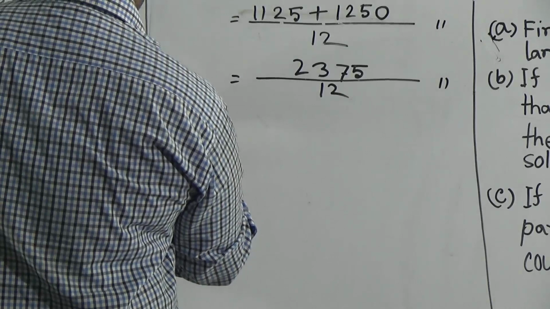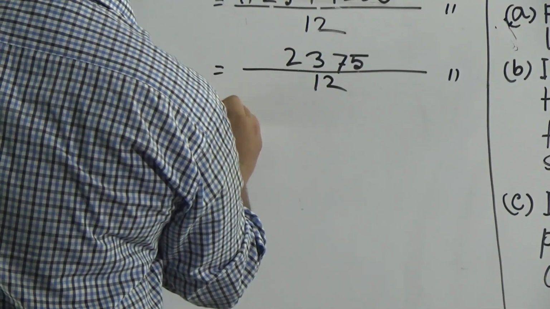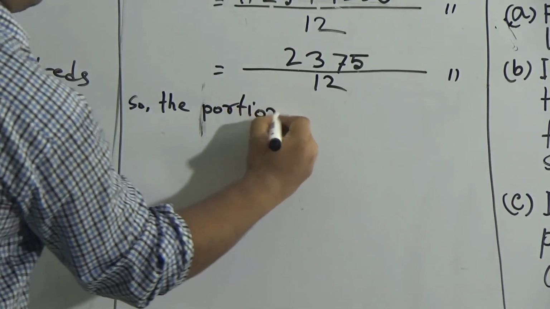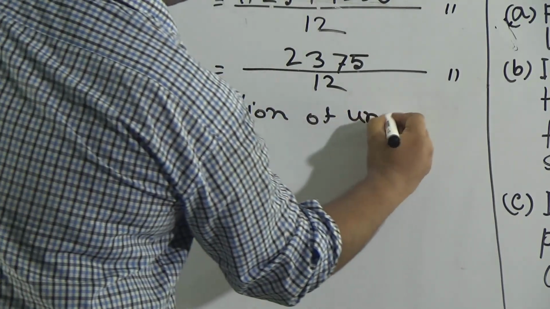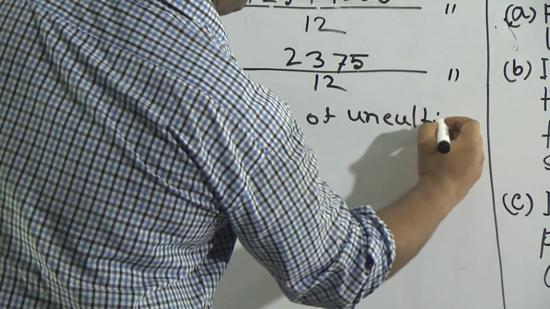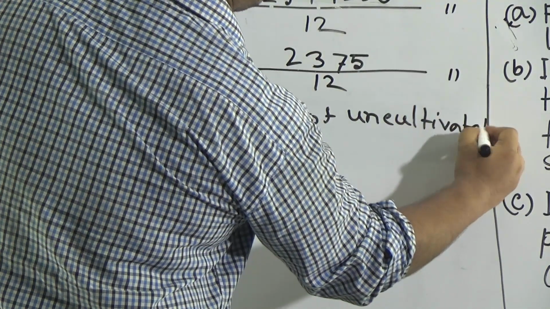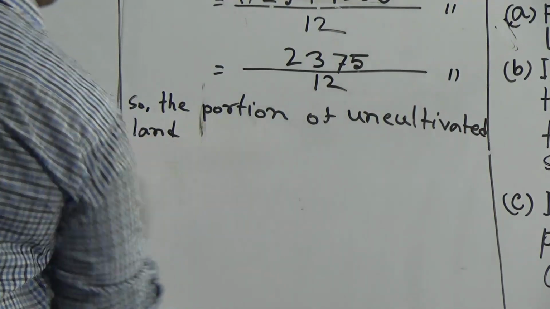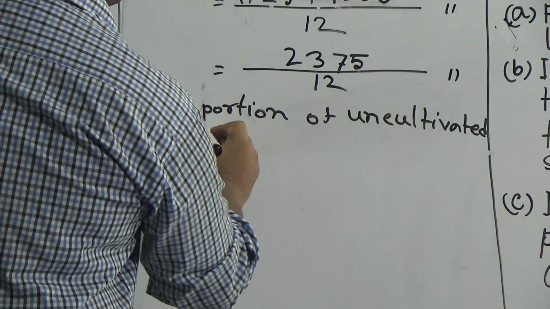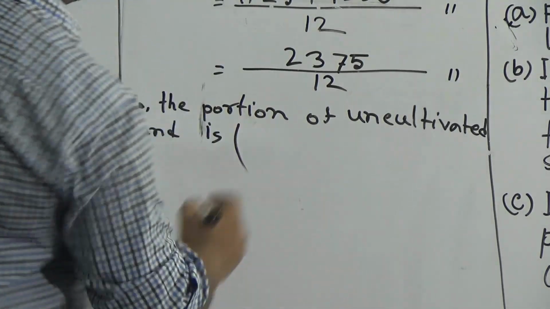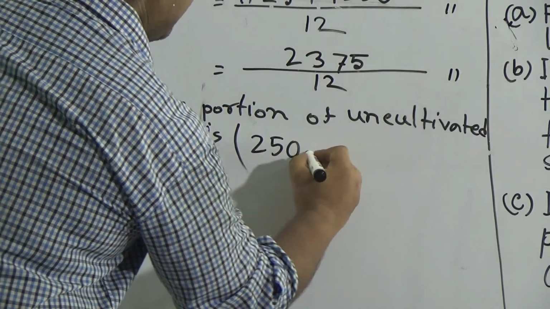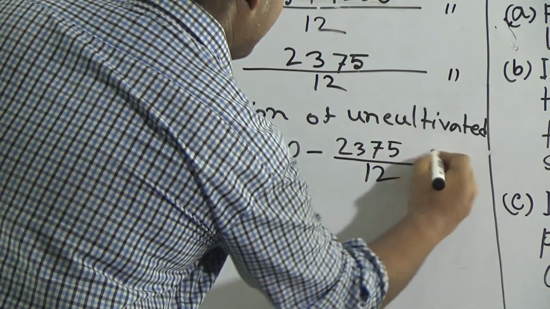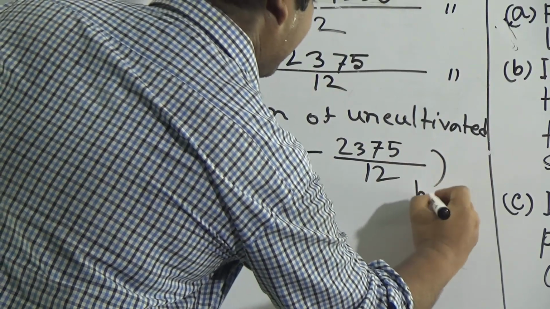So the portion of uncultivated land is 250 minus 2375 divided by 12, so hundreds.